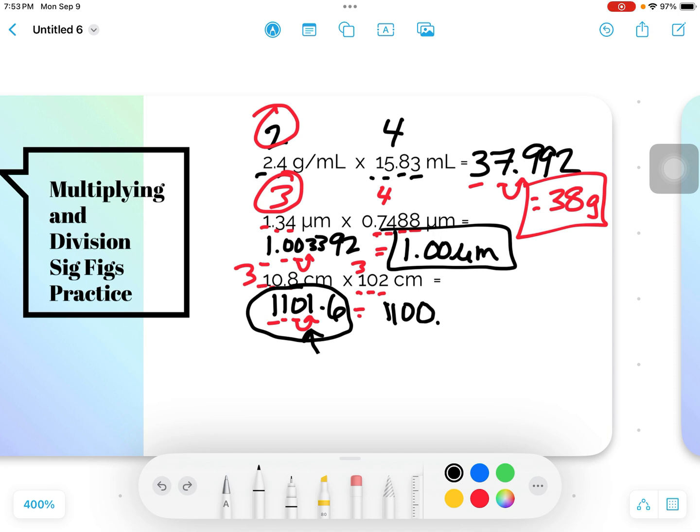So we leave it without a decimal. So we can still have our 3 sig figs without worrying about it. And our final unit would be centimeters. So again, our numbers need to match as much as we can, so we just add those placeholding zeros.